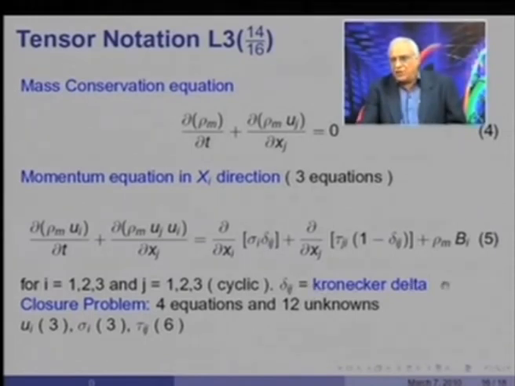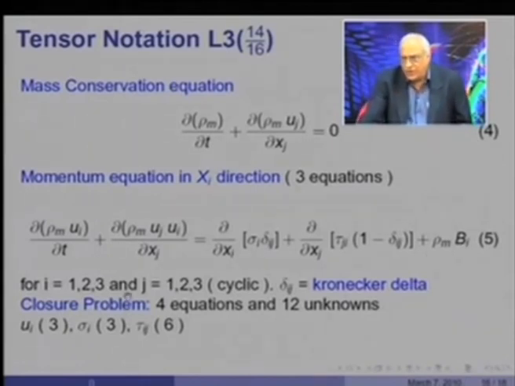It equals 0 when i is not equal to j and equals 1 when i is equal to j. So, these terms will survive only when i is equal to j. Then d by dxj of tau ji times 1 minus delta ij; these terms will survive only when i is not equal to j; plus rho m bi. In tensor notation we write it in this fashion for i equal to 1 to 3 and j equal to 1 to 3 cyclic.